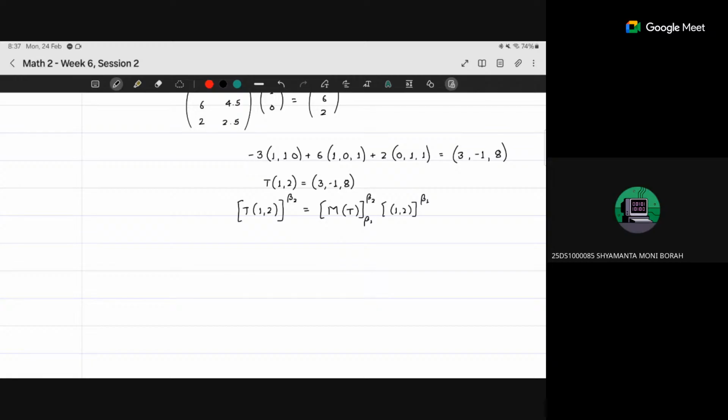So the point is, once you get the matrix of a transformation with respect to any given basis, this is just matrix multiplication: if you take the matrix and multiply the coefficient vector of any vector in the domain, you will get the coefficient vector of the image.